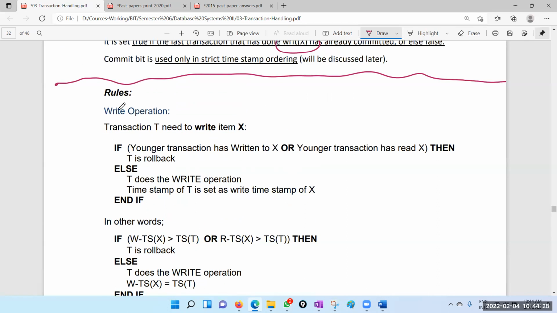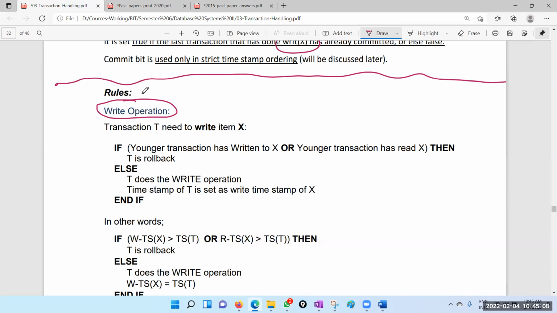Right. Now let's see what rules apply when you are doing a write operation. Always look at the locking mechanism. Remember, when you come to write in locking, you have to check both read and write locks, or effectively just the write lock, because when someone has the write lock, no one else can take the read lock.